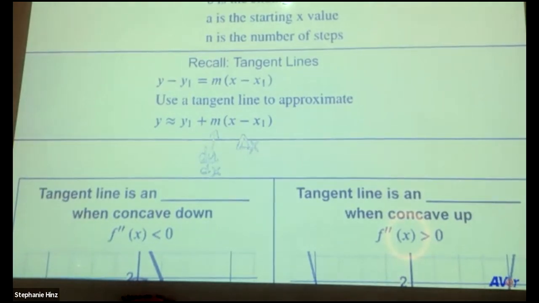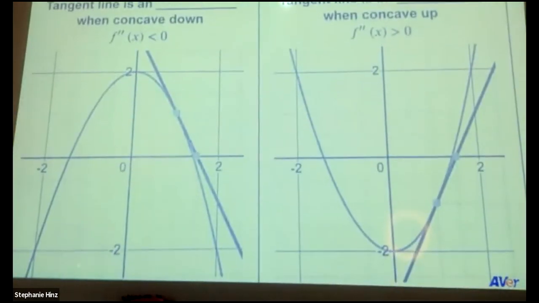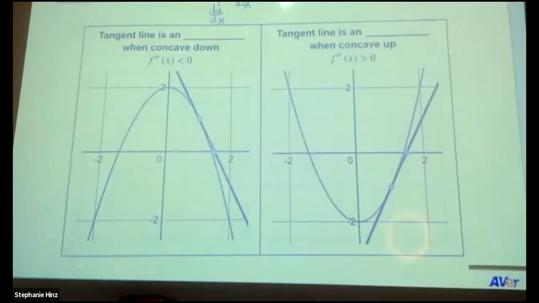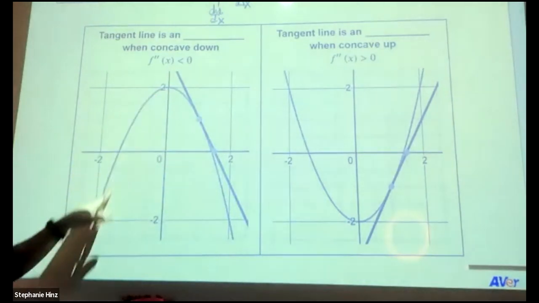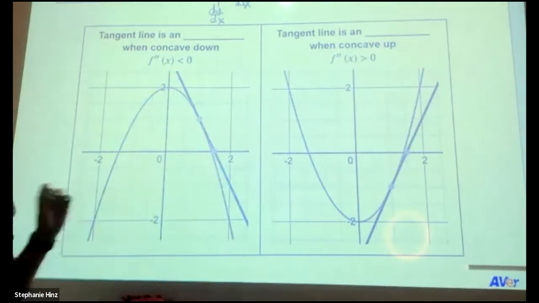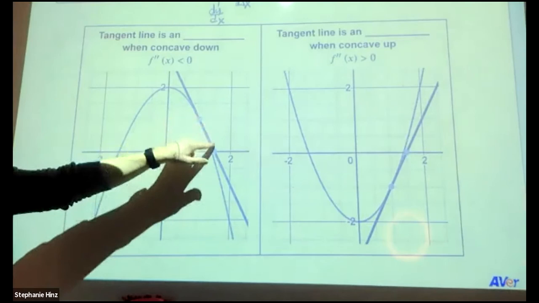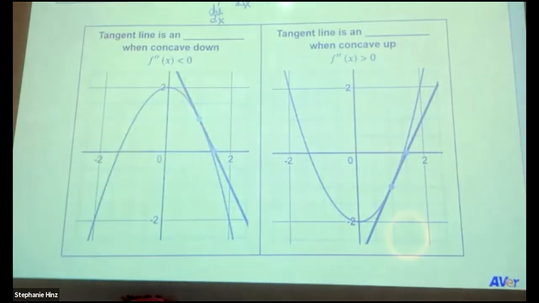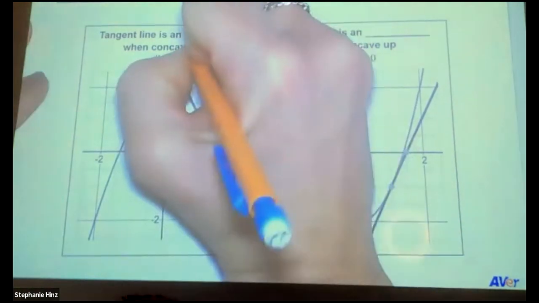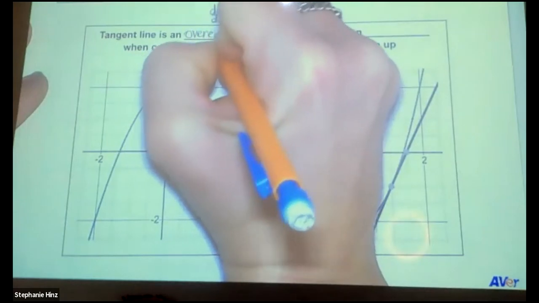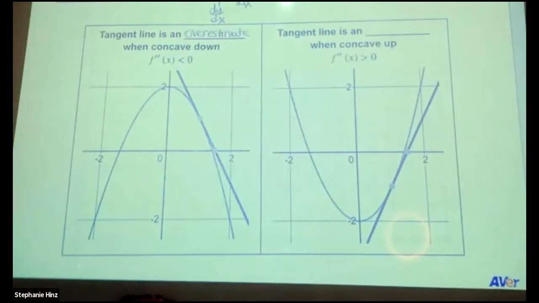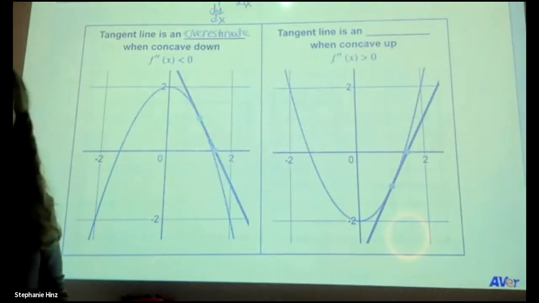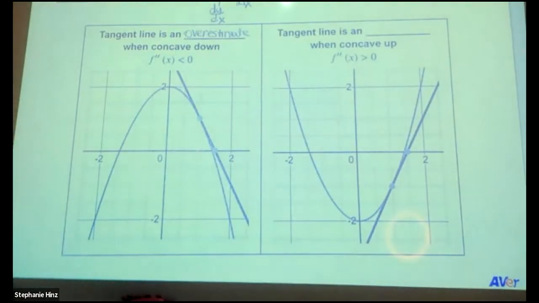All right, one thing I want to remind you of, when you have a tangent line, this is the tangent line, this is our function. When this function is concave down, the tangent line approximations are going to be an overestimate. Although we will not encounter those in the questions that I have prepared for us today, I have seen multiple questions where it asks about overestimates and underestimates.